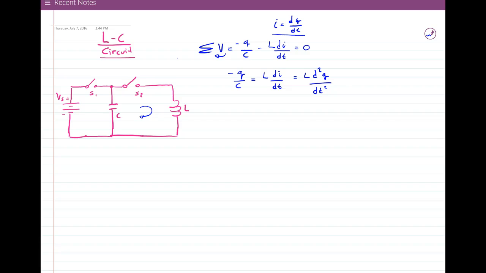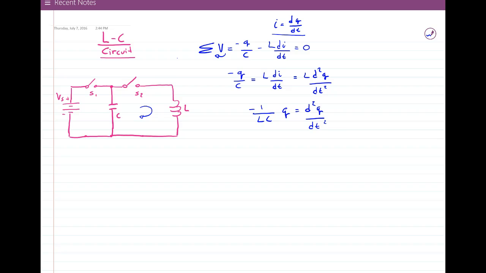Now, you tell me, you smart people, Q is a function of time. Can you tell me the function of time that you can take the derivative of once, then take the derivative again, and end up with the same function with some negative constant on it? What kind of function allows it? E might do it.